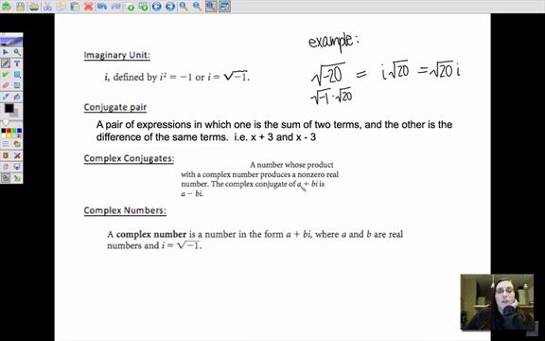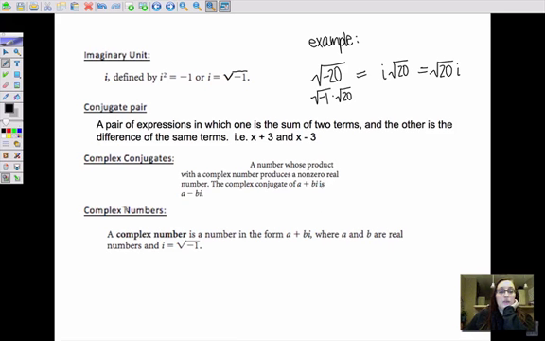When you have the product of a plus bi and a minus bi, you're going to end up with a product that produces a non-zero real number. So basically you multiply those two together and you'll end up with a real number. So it's a way to go from imaginary to real, okay?